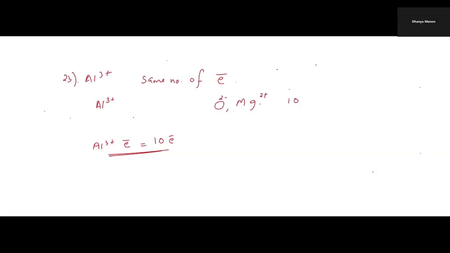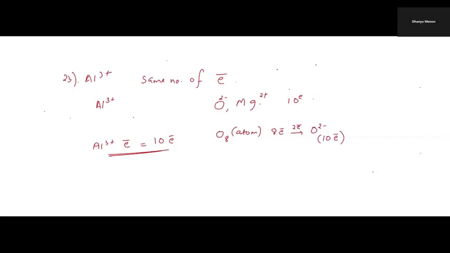Oxygen has atomic number 8, that means 8 electrons, right? But when it is oxygen 2 minus, it is gaining 2 electrons. When it gains 2 electrons, it will have 10 electrons.